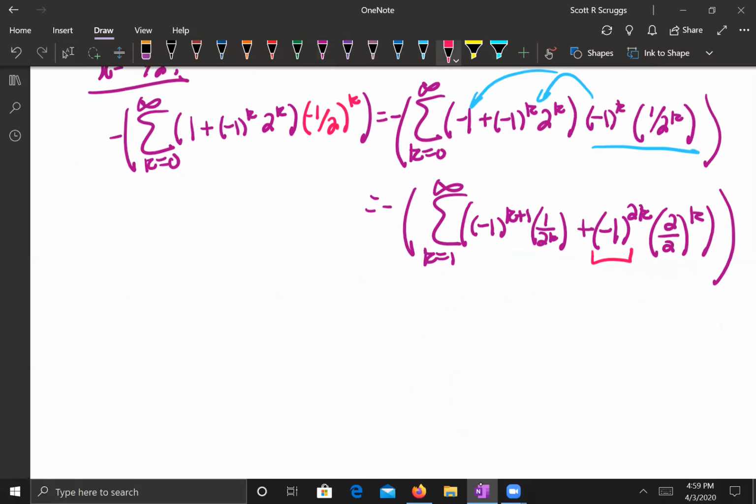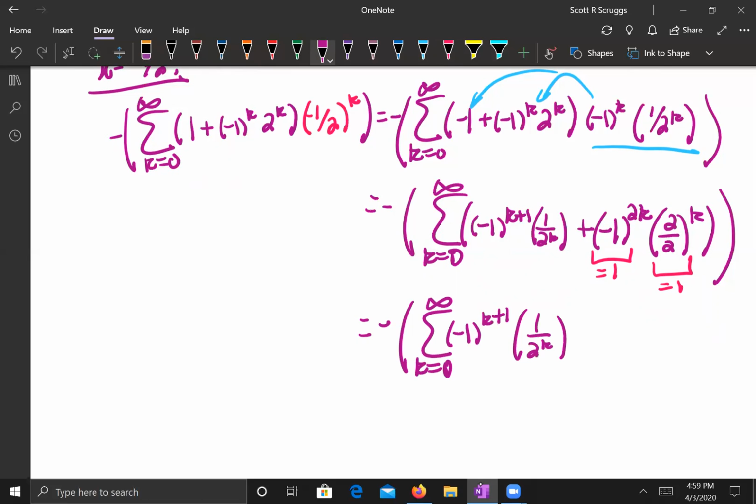Because this power is even, that's just going to be 1. Because 2 divided by 2 gives me 1, that will also be 1. So now I have the sum from k equals 1 to infinity of (-1)^(k+1) over 1^(2k+1). And now we've got to show convergence or divergence for the series.